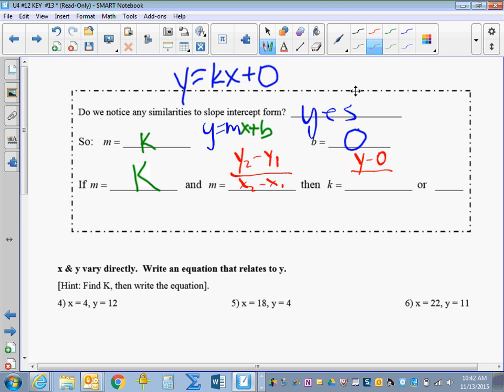Gentlemen, you writing this down? Divided by x minus 0. And what's y minus 0? Y. And what's x minus 0? x. So k is just y divided by x.